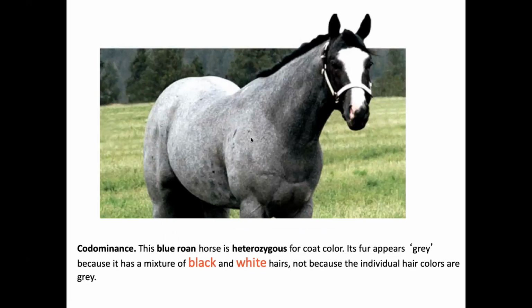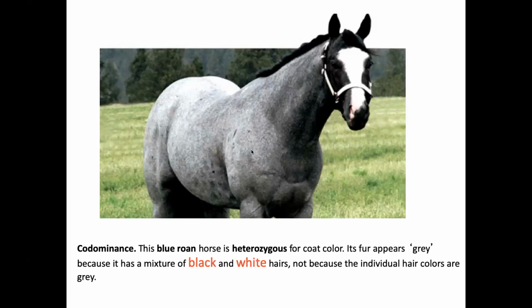So here's coat color in horses. Again, for horse breeders, that would be a trait you'd want to determine the underlying genetic basis for. What we're looking at here is what's called a blue roan horse, and the blue roan has this gray coloration pattern.